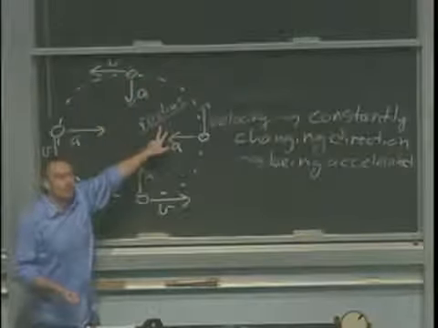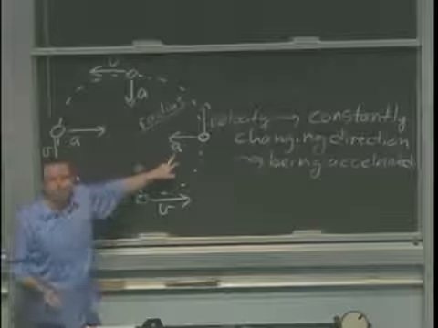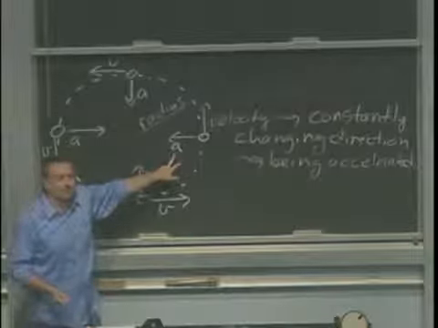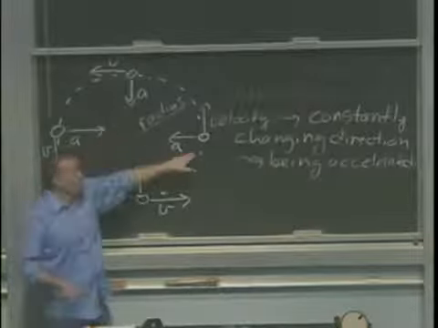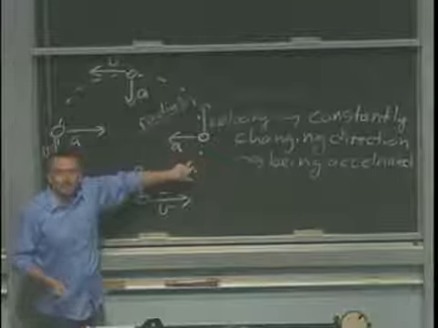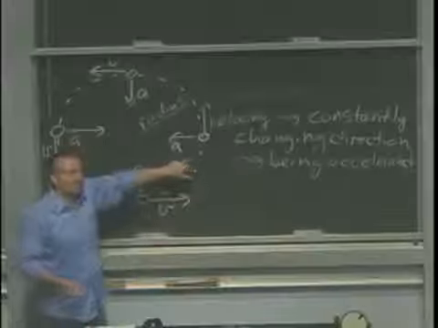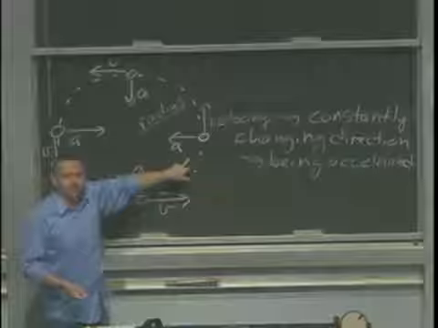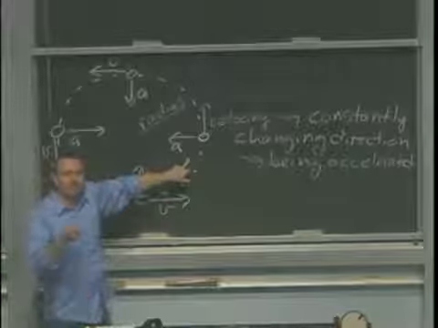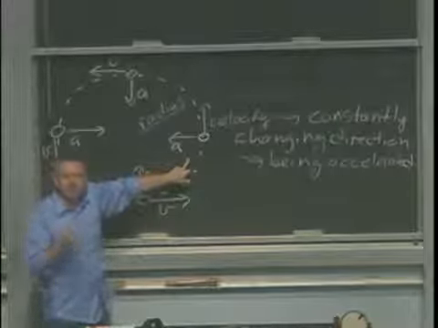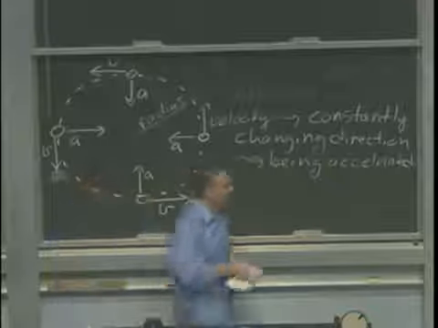What magnitude of acceleration do we need to keep this thing moving in a circle? Okay, let's try to figure that out. We already know the direction of the acceleration, right? By definition, it's always going to be directed towards the center of the circle. So that's good. We have half of the acceleration down, but now we need to know what the magnitude of it is.